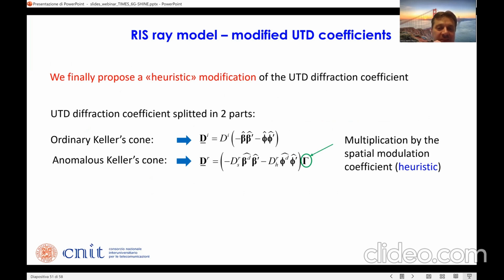So differently from the classical UTD theory, the UTD diffraction coefficient, heuristically modified, is split into two parts, two different dyadics, which we call di and dr. The second one, the dr, must compensate for anomalous reflection. That's why we have in the expression of the dyadic the spatial modulation coefficient gamma.